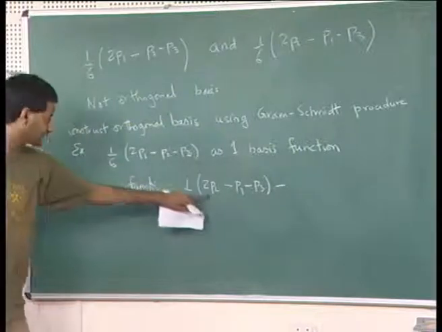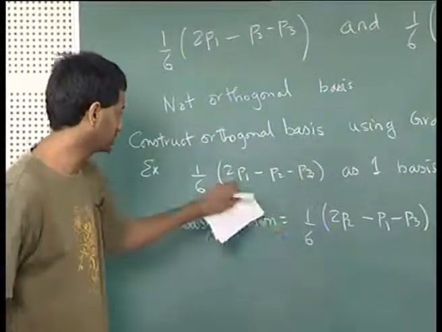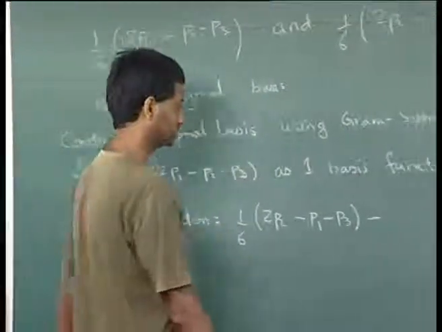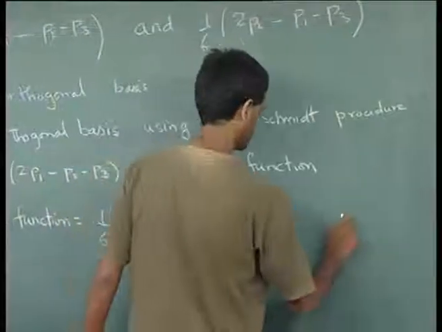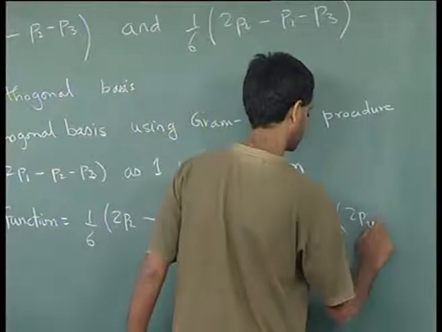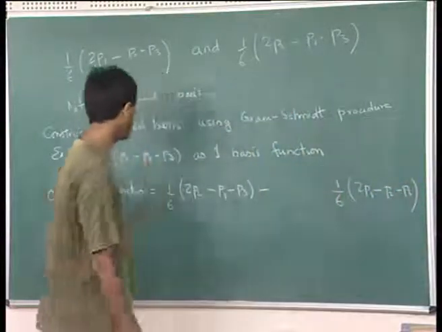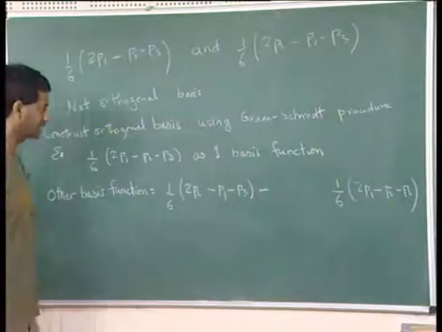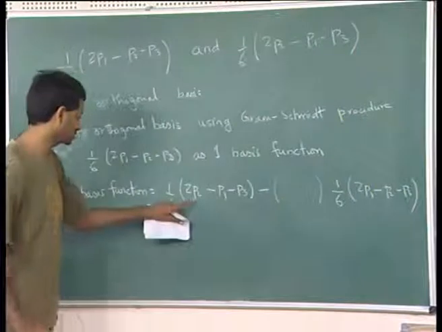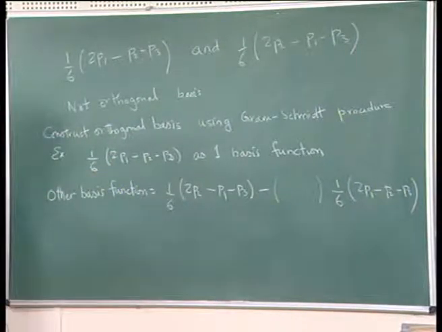If you subtract the part which is the projection of this onto the first basis, you will get an orthogonal basis function. So what you will do is minus 1 by 6 (2p1 minus p2 minus p3) multiplied by a constant which corresponds to the projection of this onto this basis function. And that is not hard to work out.